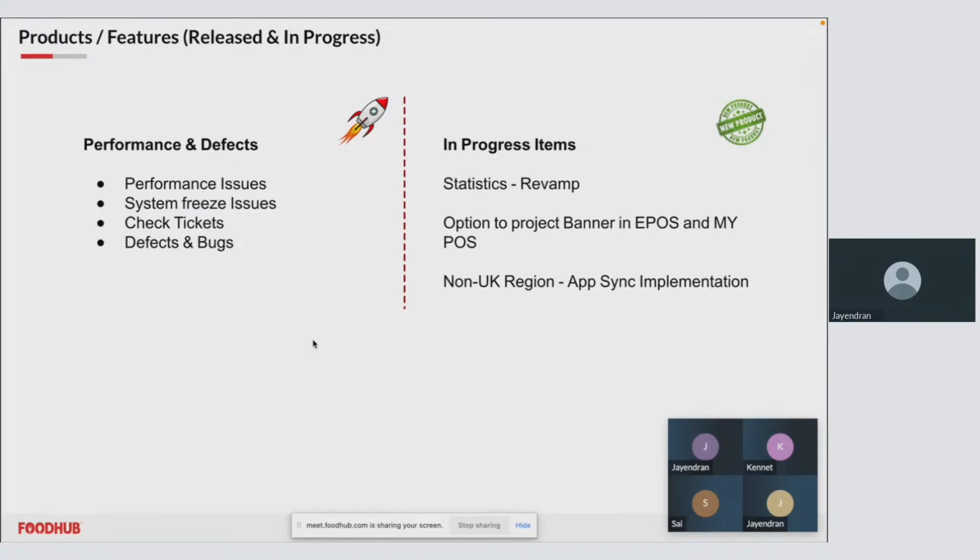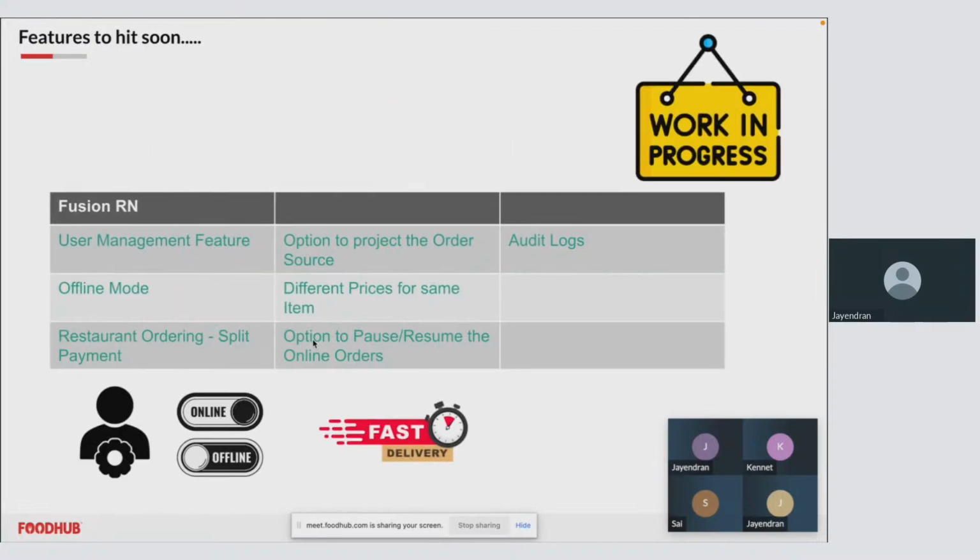And also we are trying to project some banners on the Fusion EPOS and MyPOS system, so that it can be used to promote our business or to share some information from FoodHub to the clients. So we are trying to make use of that empty space in an effective way. And also AppSync implementation is in progress for non-UK region. So these are the small features which are in the pipeline.